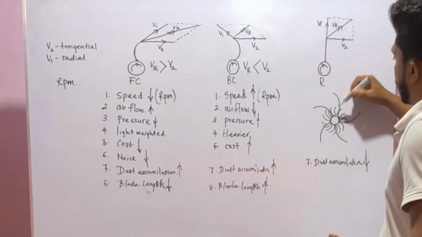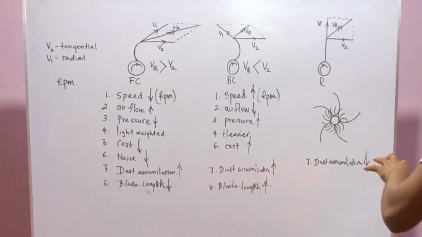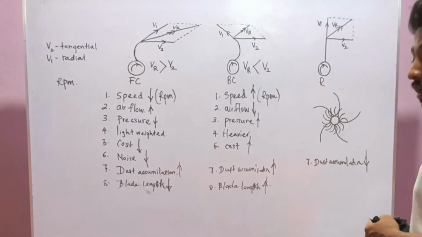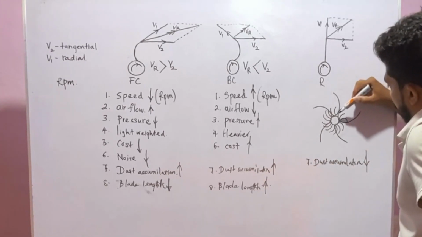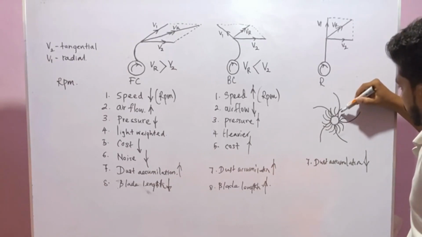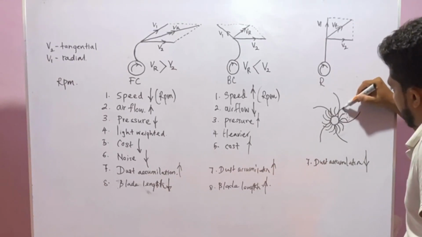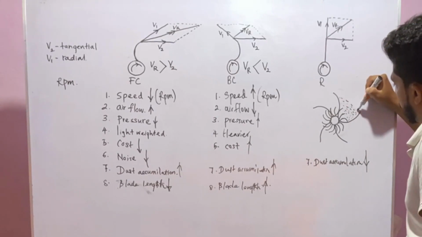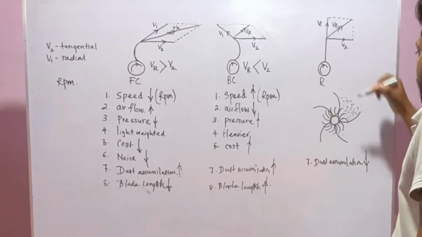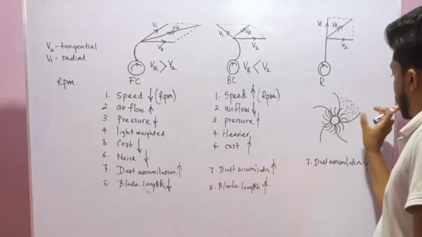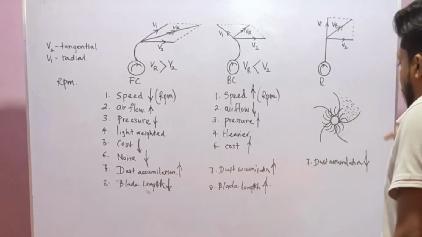Okay, so if you compare the cross-sectional area between two impellers, in backward curve fans this cross-sectional area is increasing because their length is higher and also fewer impellers are there.